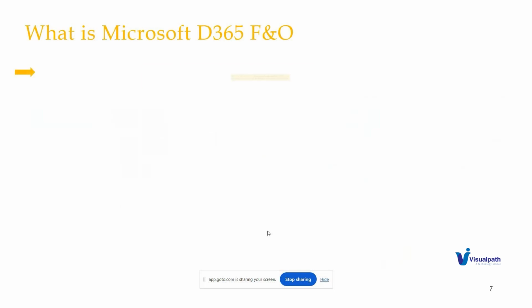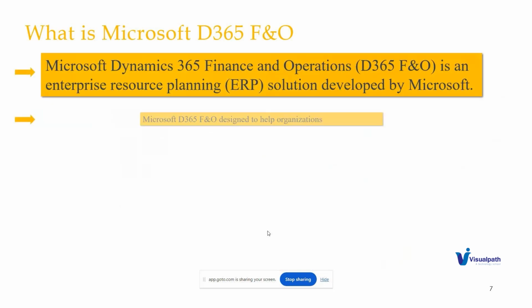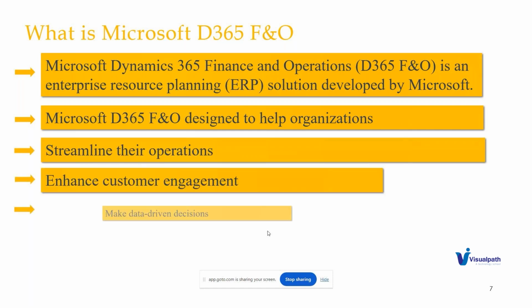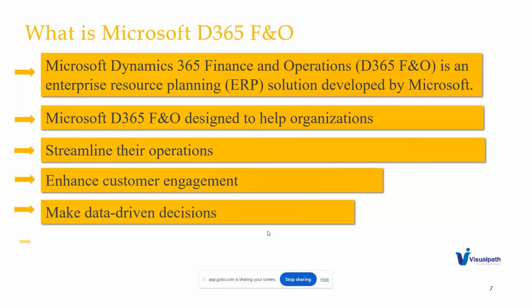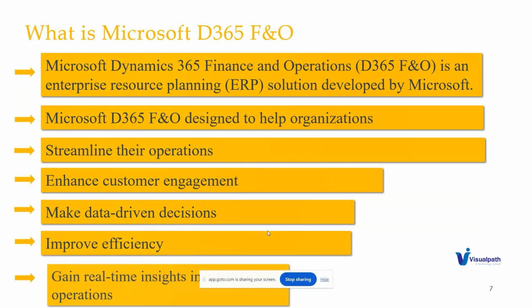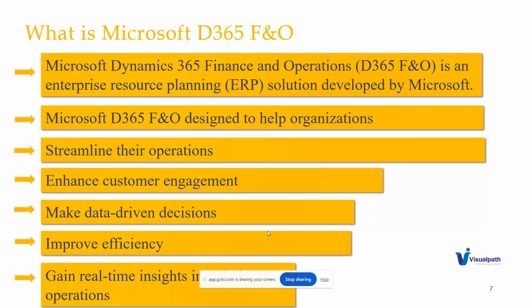So I have mentioned some things here. What is this Dynamics 365? I mentioned here: streamline operations, enhance customer engagement, make data-driven decisions. But if someone asks me why a company will go for the purchase of an ERP license, let's say the product that we are learning is owned by Microsoft.